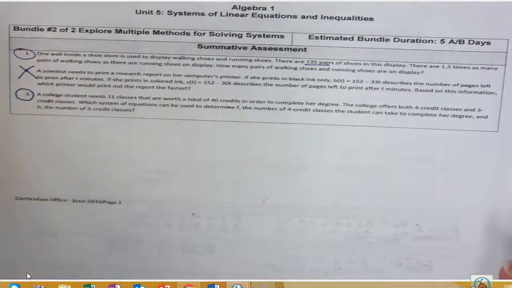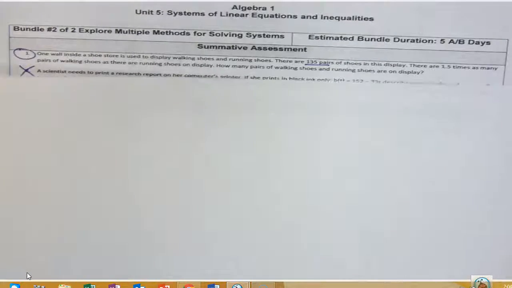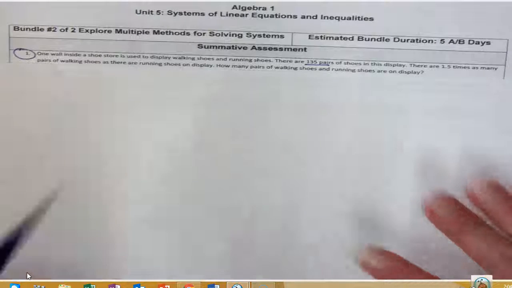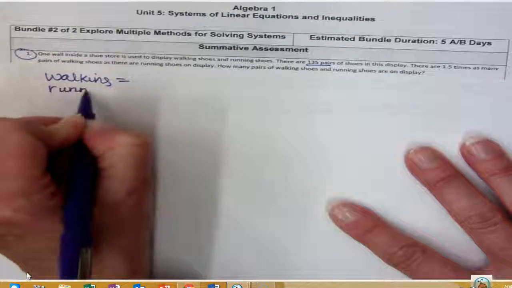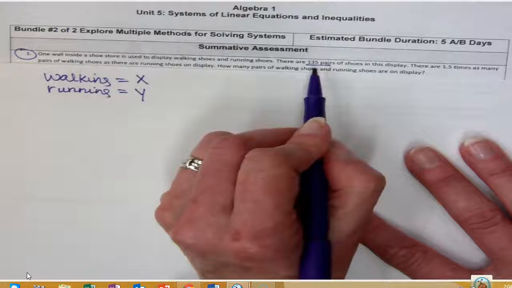Last two problems. This is hard to see because it's so small. We've got one wall inside the shoe store it uses to display walking shoes and running shoes. So I'm going to say walking shoes is my X, running shoes is my Y. There are 135 pairs of shoes in this display.